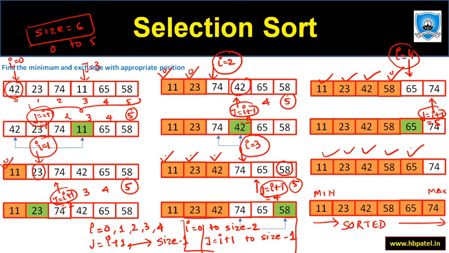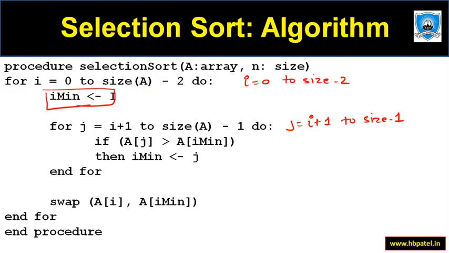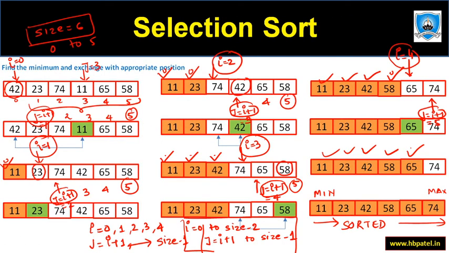Because at this particular point I wish to have the minimum, then at this particular point I wish to have the minimum, at this particular point I wish to have the minimum. So that is why I am recording I min, and every time I am checking A of j with A of I min. That means every time I am checking this element with the other elements, j equal to 1, j equal to 2, j equal to 3, j equal to 4, j equal to 5.